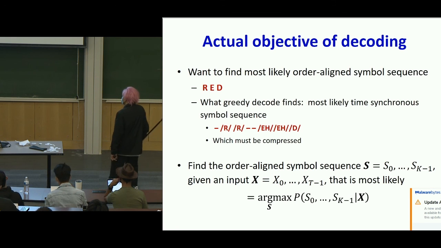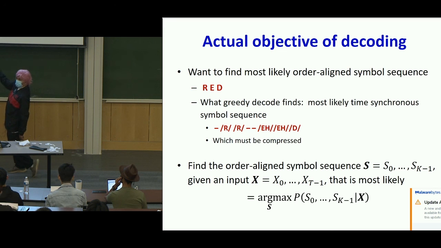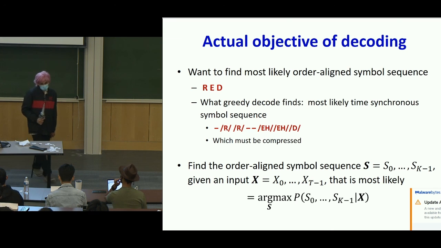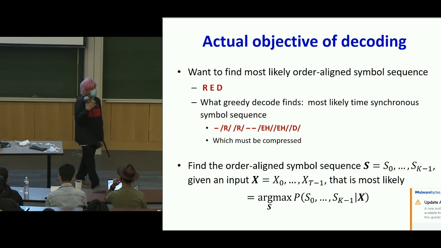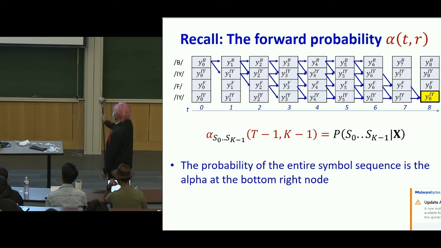From our problem, what we want is to find the compressed sequence that is most likely given the input. And how do you compute the probability of a compressed sequence given the input? The way we do it is to compose the graph and then find the alpha term at the bottom right of the graph, right? That is the only way in which you can compute the true probability of a compressed sequence.